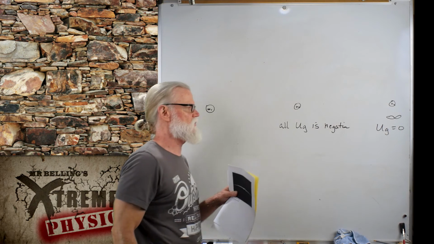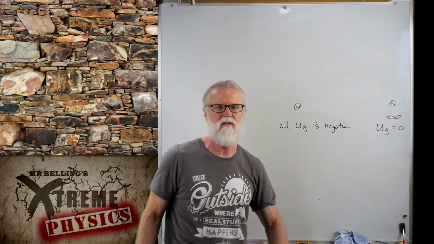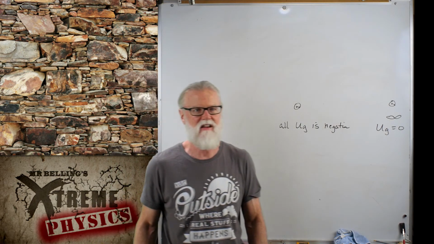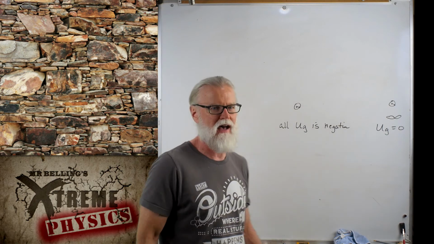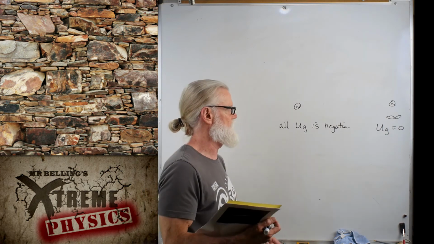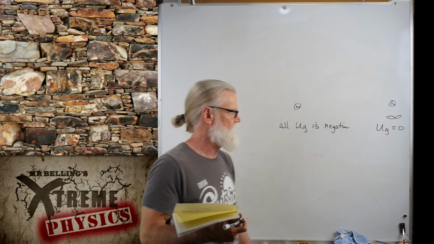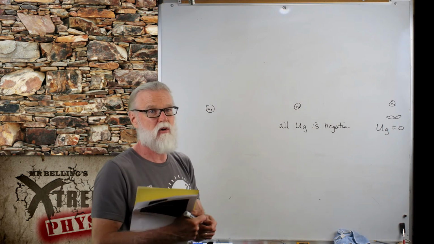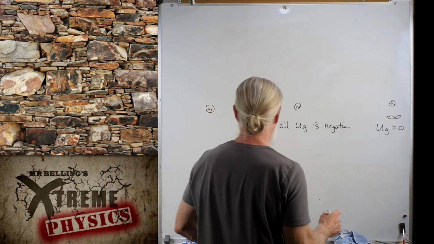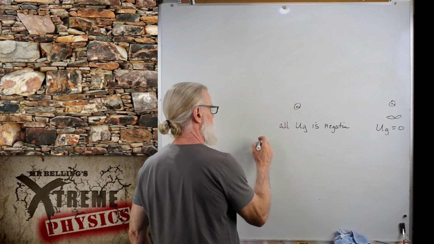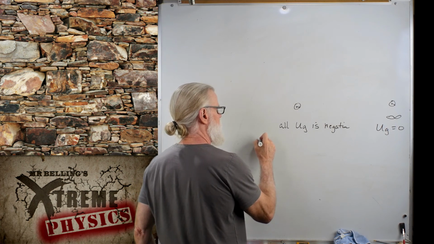All gravitational potential energy is negative or 0 when it's at position infinity. You can't have a positive gravitational potential energy because we're defining it as 0 at position infinity. That's an important idea. And mathematically, they calculated the work, and you can look that up.